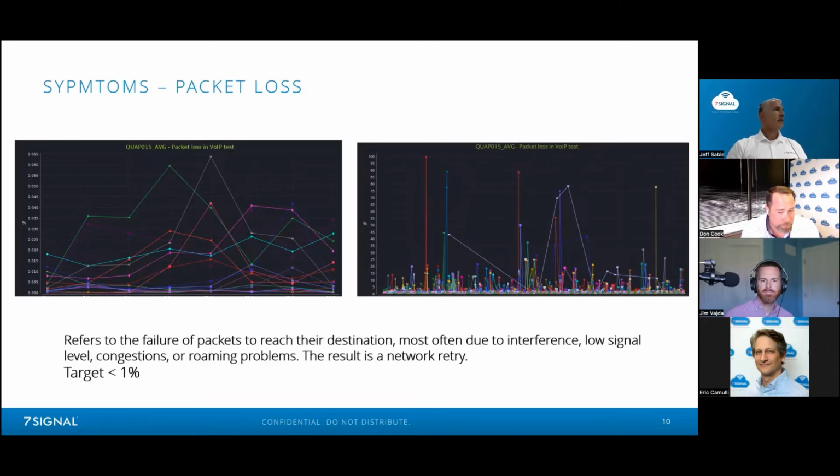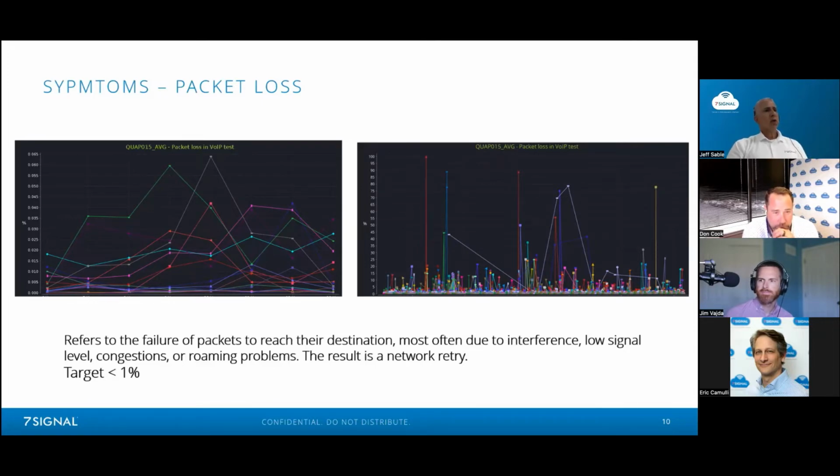If you look on the left, even though it looks like there's some spikes or peaks, the highest reading is below 0.065%. So it's fairly low packet loss. And if you look on the right, you can see there's a point in time where packet loss is 100%. Now it's a single point in time, but it also looks like that particular AP had packet loss at 90% and some other spikes as well.